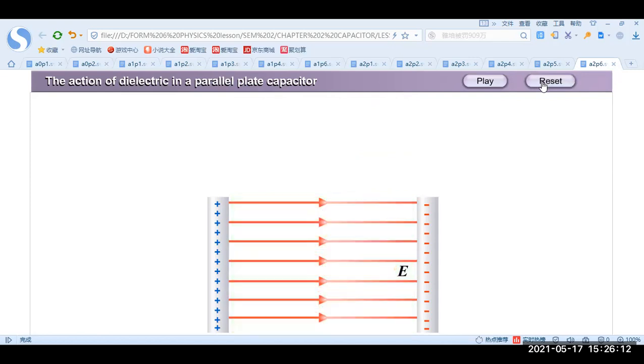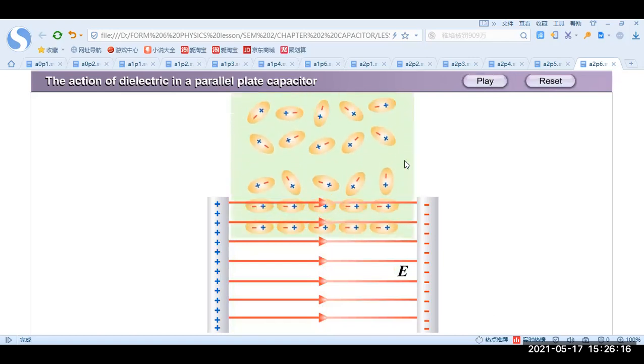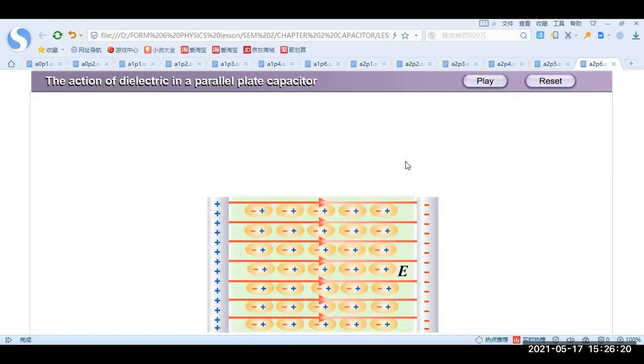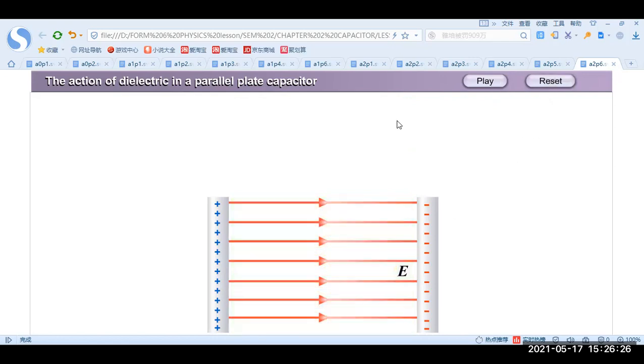So we notice that, without arrangement, at the end all of the molecules are arranged in order. That means that what we add in between the two plates is the dielectric material.